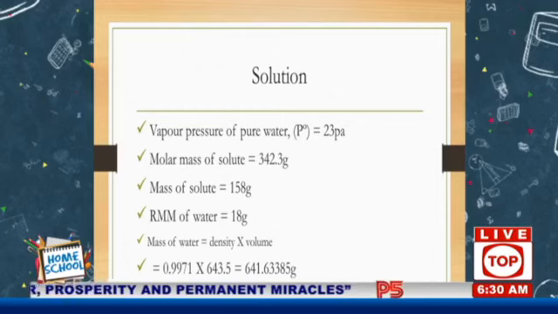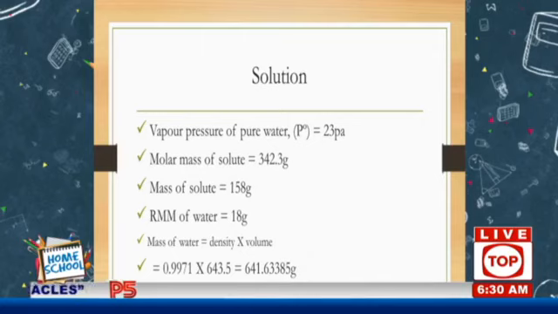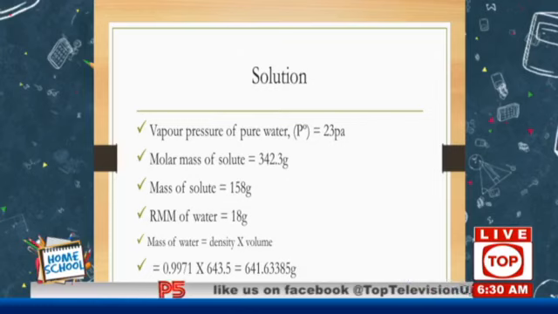We can see vapor pressure of pure water. They have given it to us as 23 Pascal. Molar mass of the solute, they have given it to us. That is the relative molecular mass of the solute. Then the mass of the solute is 158 grams.